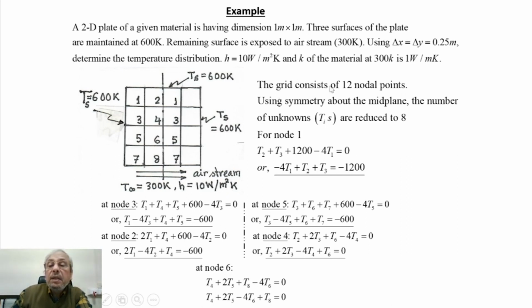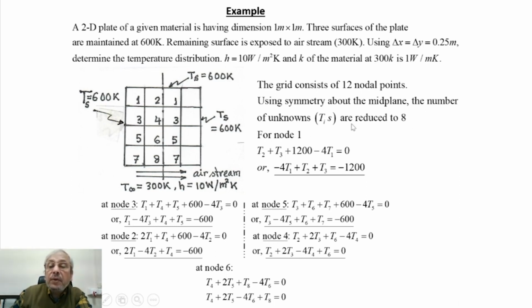The grid consists of, if we have this grid size, we can easily calculate, we will have 12 points. But using symmetry about the mid plane, because this side and this side are the same, this side is 600, this side is different, we can have this vertical symmetric line, the vertical midplane. These are symmetric.